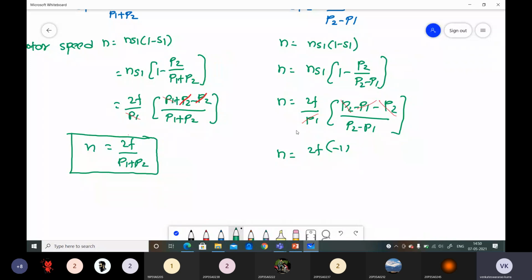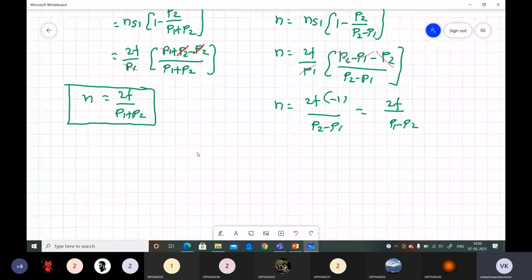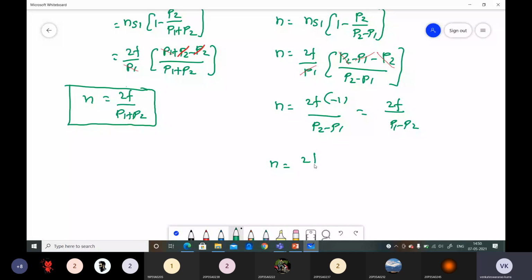So minus p1 by p1, p1 cancels. So minus 1 by p2 minus p1 equal to 2f by p1 minus p2. So here speed n equal to 2f by p1 minus p2.